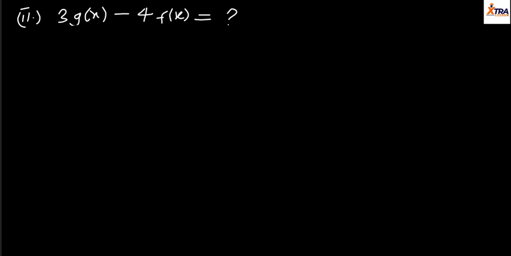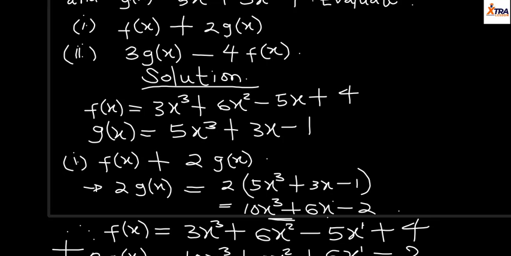First of all, 3g of x. 3g of x signifies 3 times everything in g of x, which we remember is 5x cubed plus 3x minus 1.